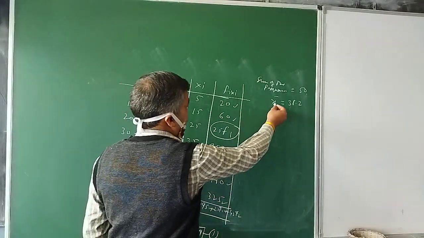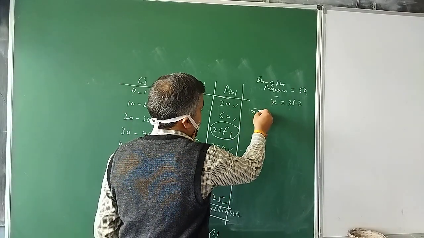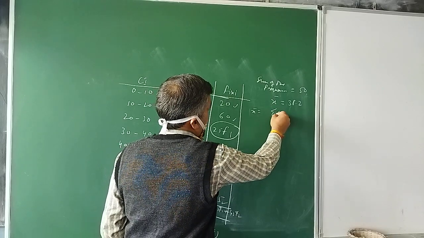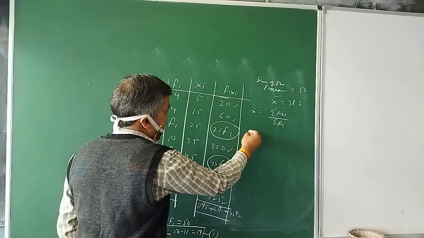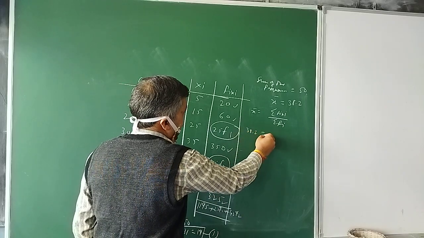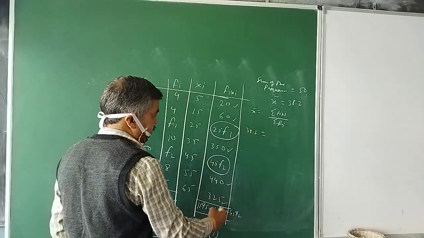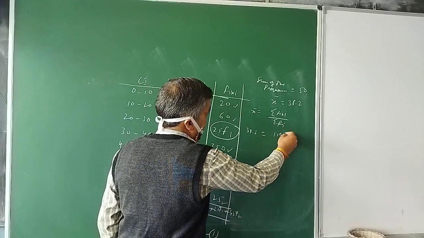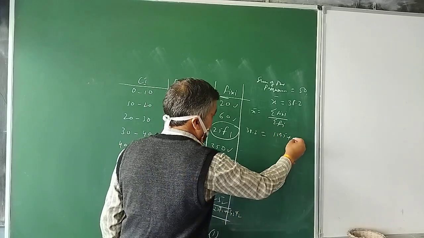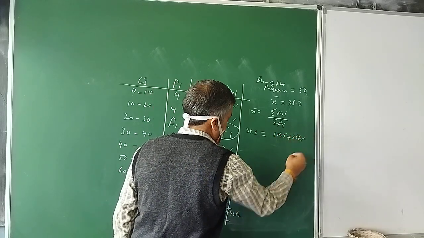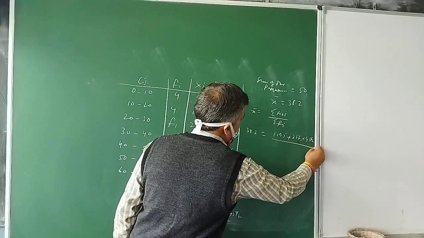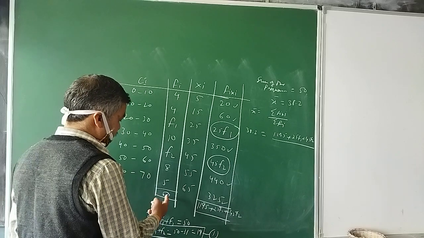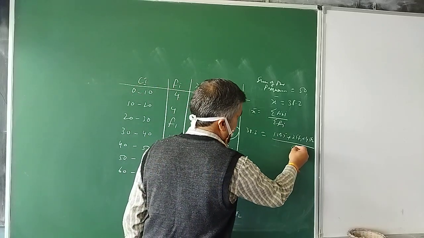You write the formula x bar is equal to sum of fi xi divided by sum of all the frequencies. Put this value there, 38.2. Sum of these you need to substitute, 1195 plus 25 F1 plus 45 F2, divided by the sum of the frequencies, which is already given to you, equal to 50.